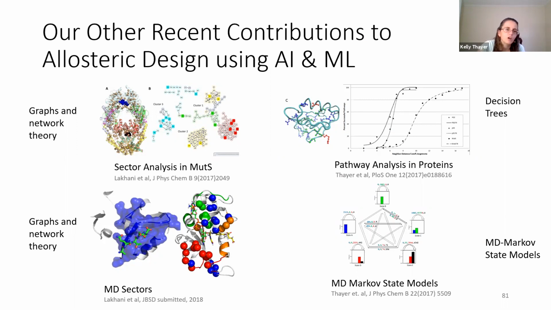We've also done a variety of other contributions to allosteric drug design and machine learning that we didn't have time to talk about. We're using graphs and network theory to understand pathways in the US, which is one of the largest proteins known. We also did pathway analysis in proteins, where we used decision trees to understand the physical paths between residues that may be used to transmit allostery. We asked the question about their frequency and how readily they're able to be formed.